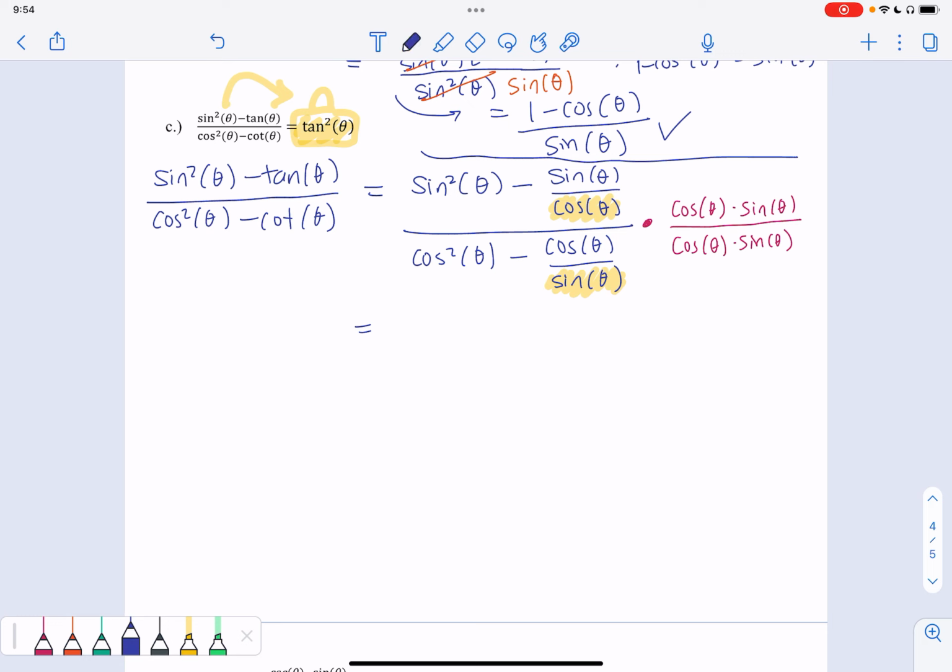So I just start collecting factors. I get sine cubed theta, because now there's three sines, times cosine of theta, minus, okay, so now I get sine over cosine times cosine times sine. Well, the good thing is since cosine is in the denominator, it's going to cancel with this cosine. It just leaves me with sine squared theta.